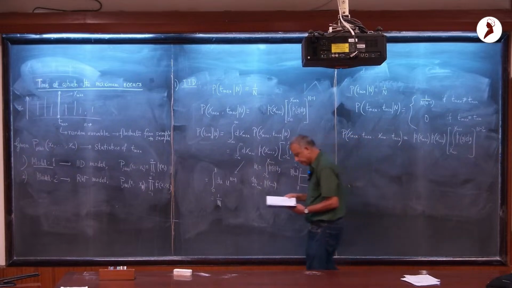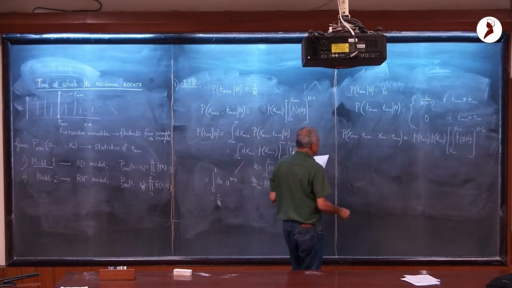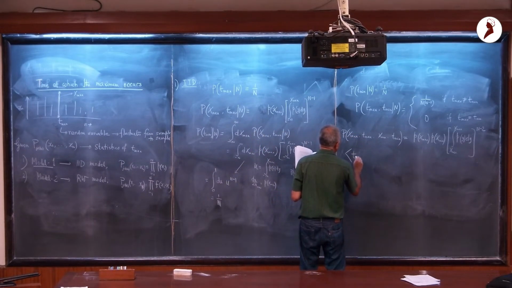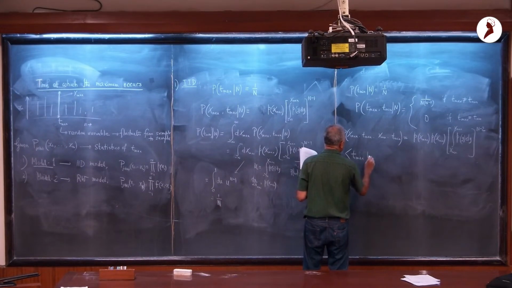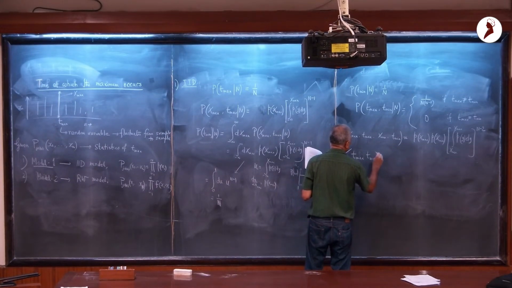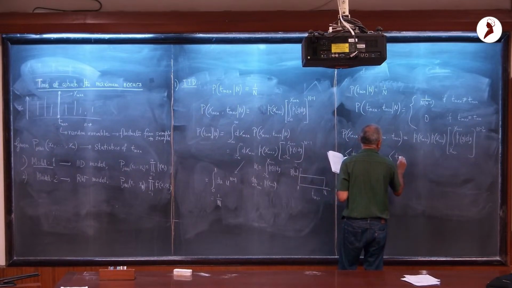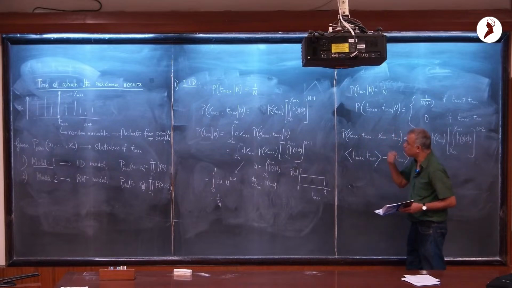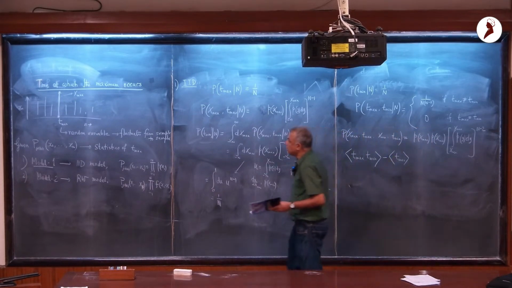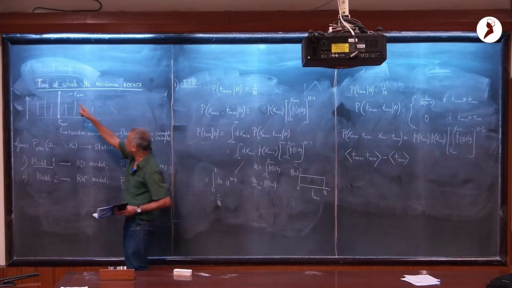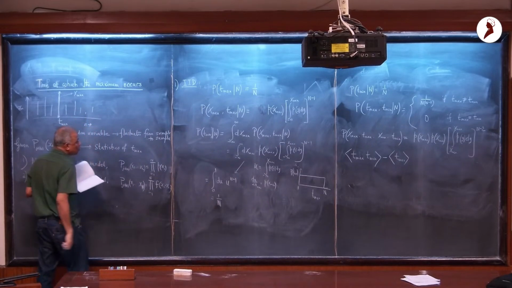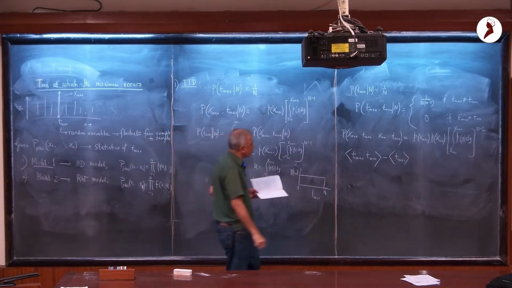Okay? So an interesting thing is if you calculate the cross correlation between T max and T min. In the context of finance, T max is the time when you want to sell your stock, and T min is the time when you want to buy your stock.